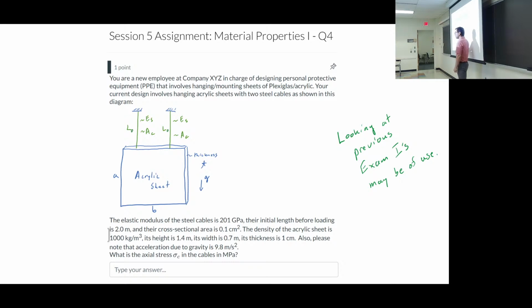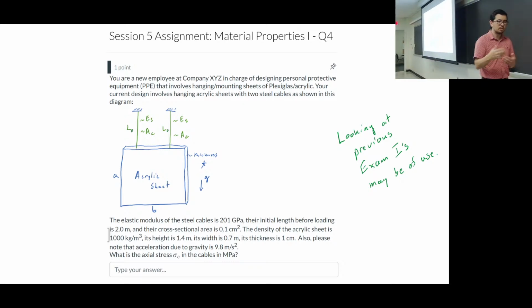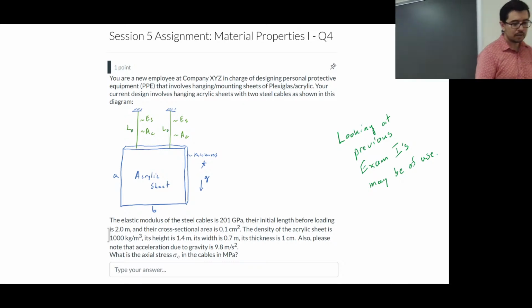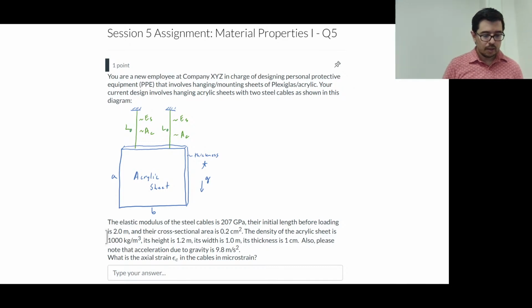Again, that's a kind of crummy unit, but 100 centimeters times 100 centimeters gives you 1 meter squared. So force divided by twice the area is going to give you the stress. Okay, the next question is, what is the strain?